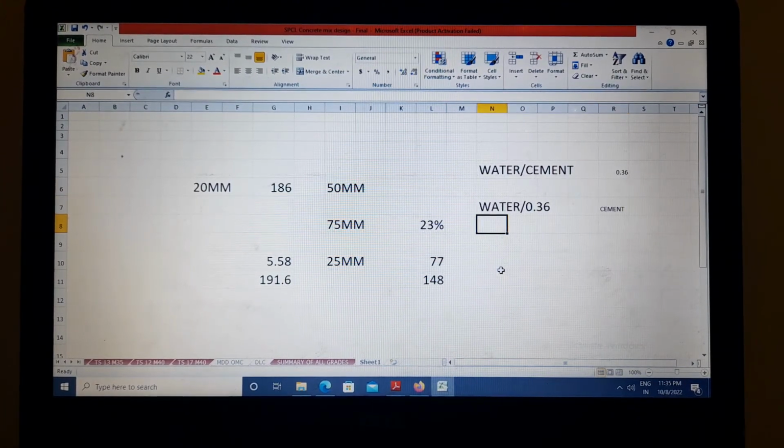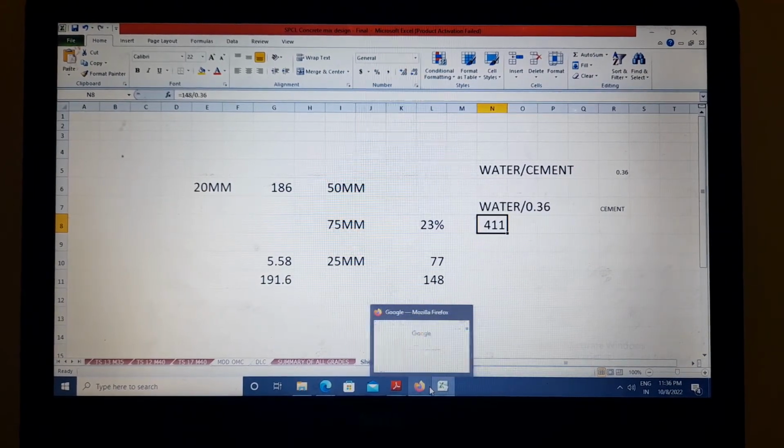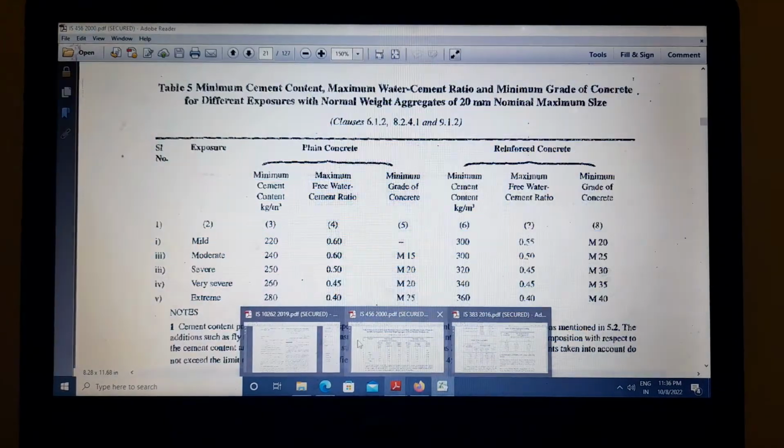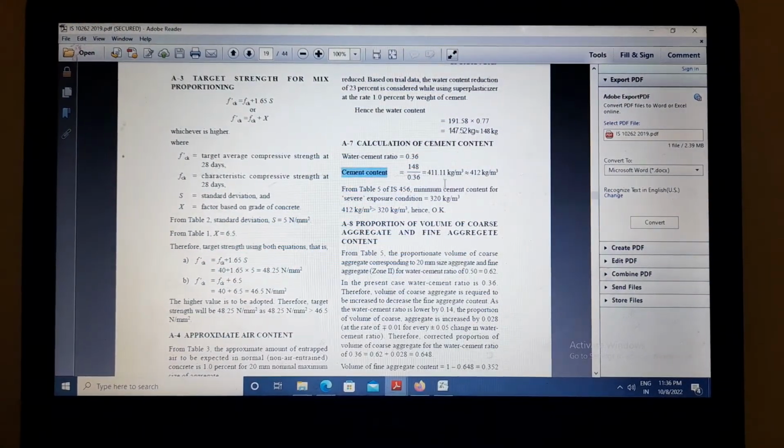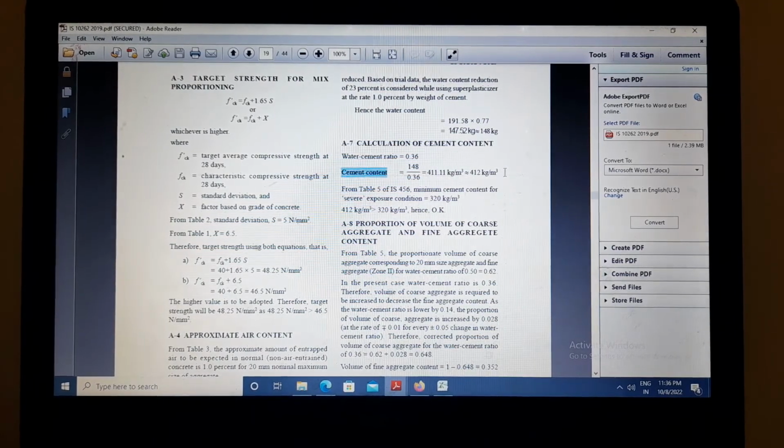Our water is 148 divided by water cement ratio 0.36. So our cement content is around 411, which is shown here, and this is 411.11. By rounding off they are using 412. We can consider it as 411 also, there is no issue.